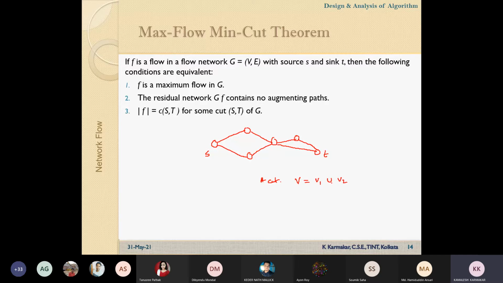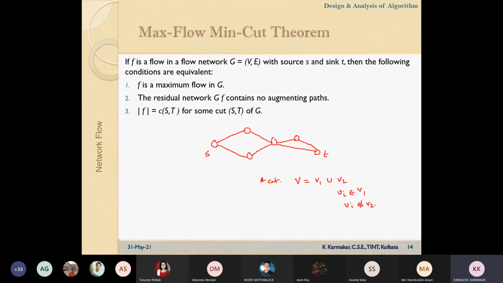So we partition the graph into two sets, V1 and V2, and if a vertex Vi belongs to V1, Vi never belongs to V2.